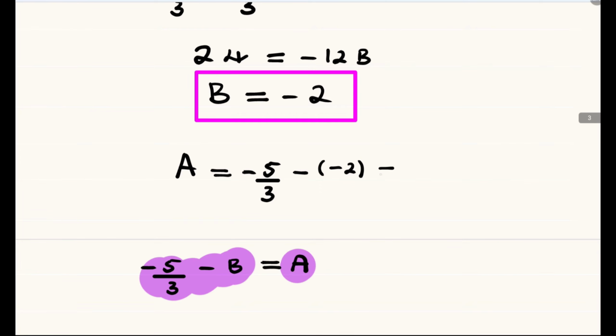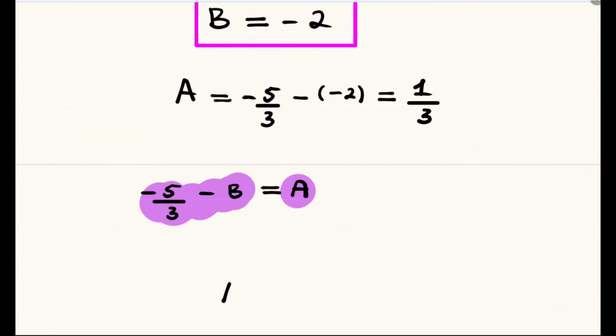Negative 5 over 3 minus 2 will be equal to positive 1 over 3. Now we have our a. Our a is equal to positive 1 divided by 3.